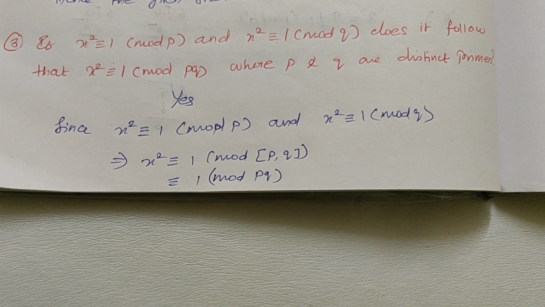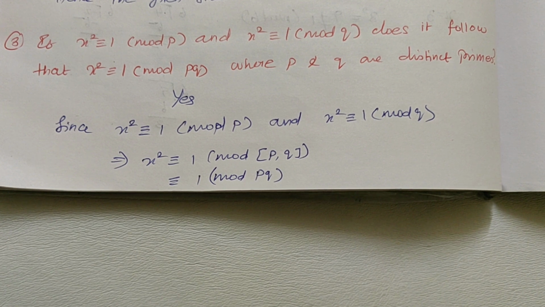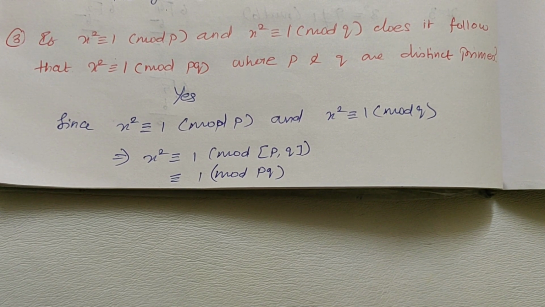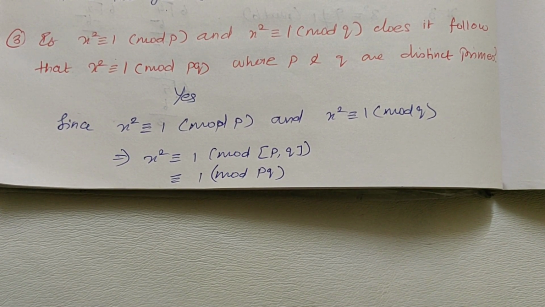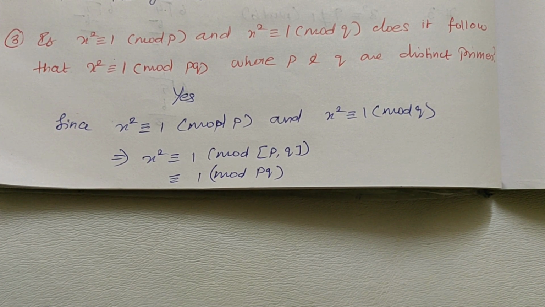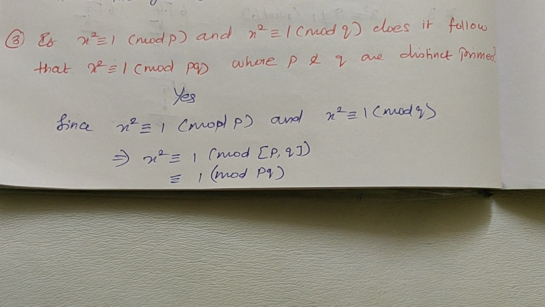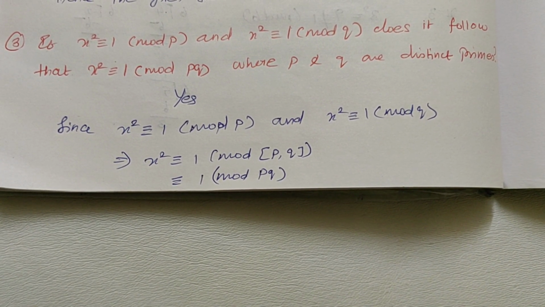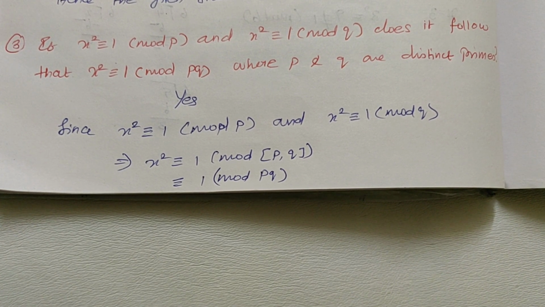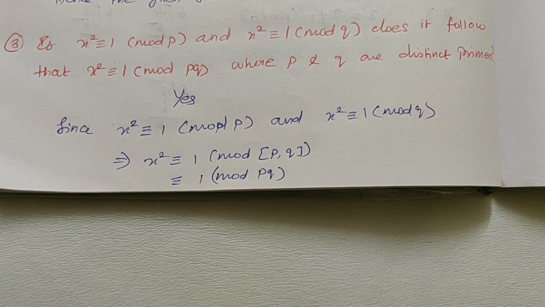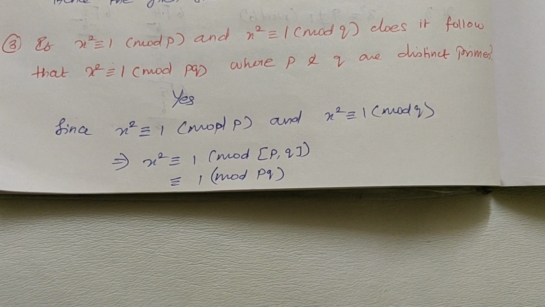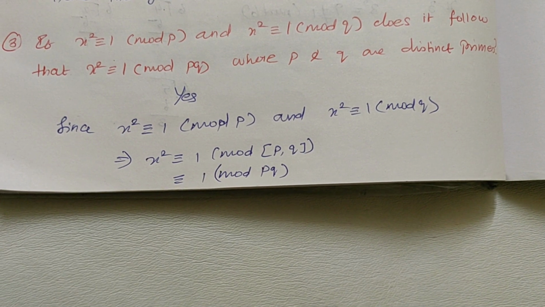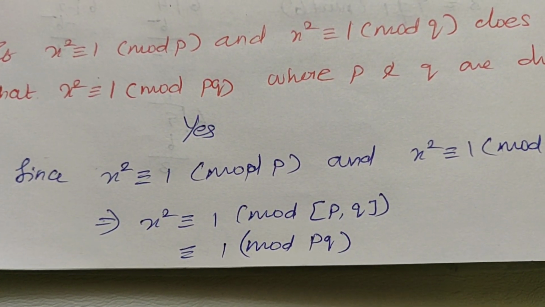Now let us move on to the third problem, which states that if x squared is congruent to 1 mod p and x squared is congruent to 1 mod q, then it follows that x squared is congruent to 1 mod pq, where p and q are distinct primes. This statement is true because when x squared is congruent to 1 mod p and congruent to 1 mod q, it implies that x squared is congruent to 1 mod LCM of p, q.